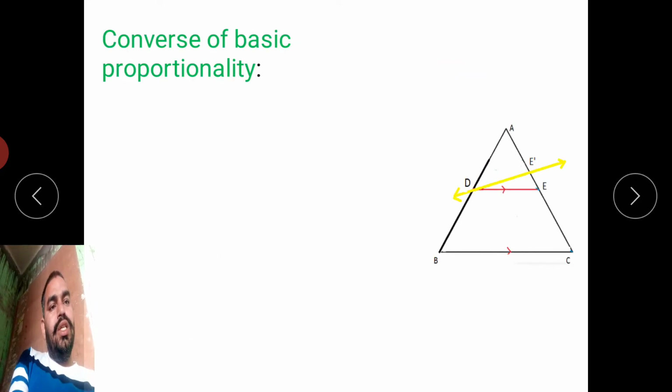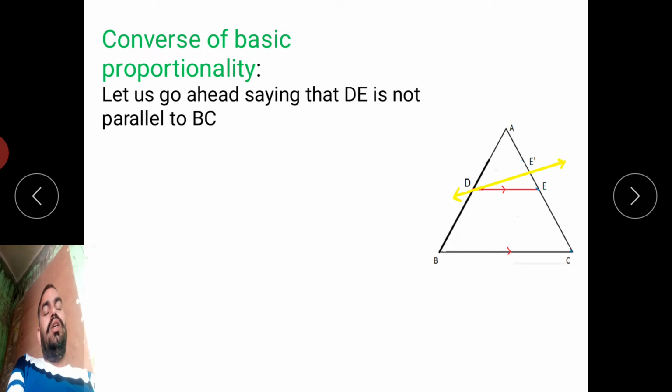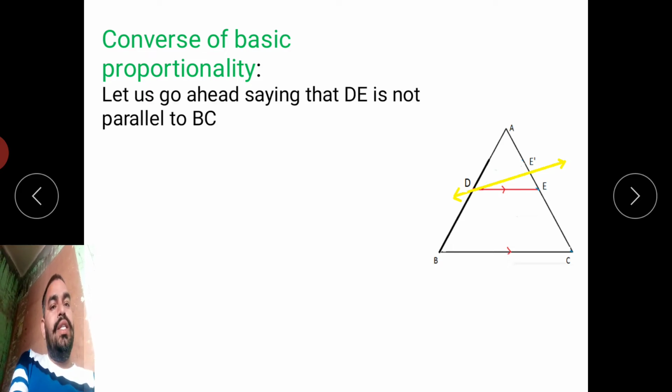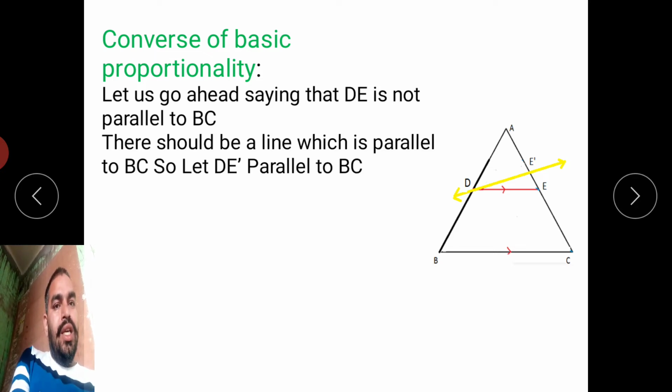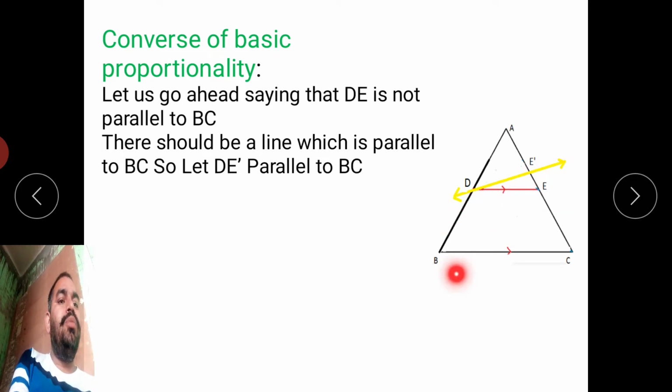To prove this, let us proceed by saying that DE is not parallel to BC. If DE is not parallel to BC, then there is another line DE dash which is parallel to BC.